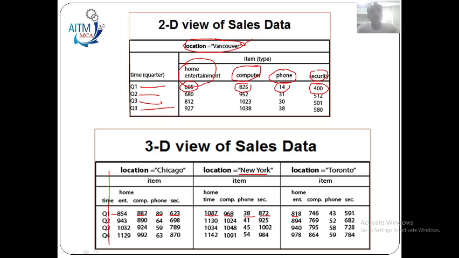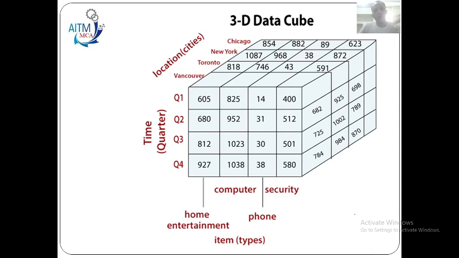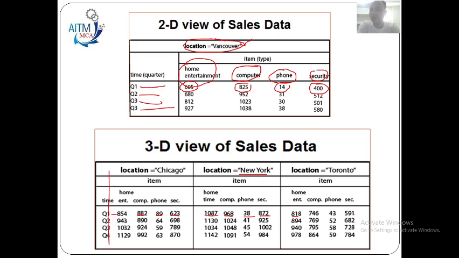If there are so many countries, so many locations, then how to store this data? Got it? For this we have a concept called the data cube. Now we'll see three-dimensional data cubes. Here we stored the information in the form of tables. Best example: weekly I am sending you the attendance list.